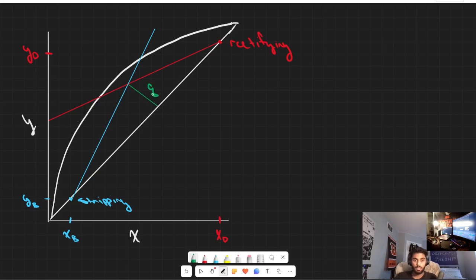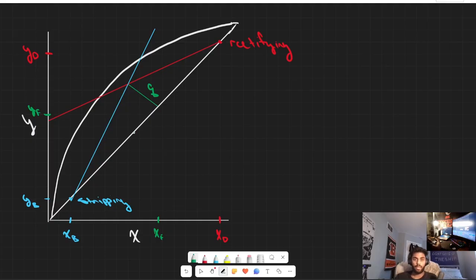So this is our Q line that represents the composition of our feed. So let's go like about here. There we go.